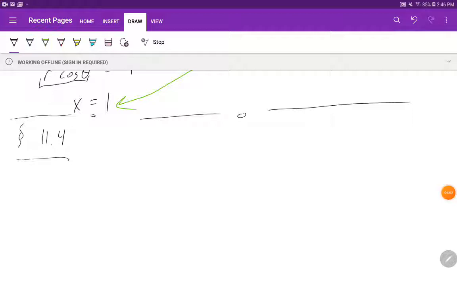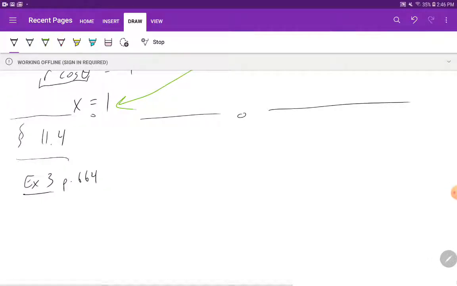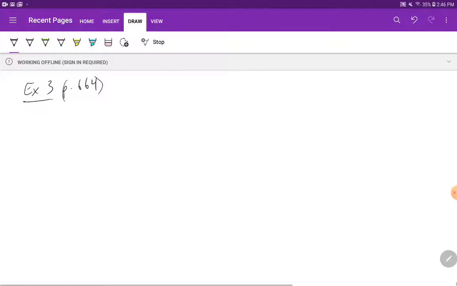So let's say, okay, I'm just going to do example 3 from the textbook. This is on page 664 on the PDF. So it says to find the area of the region inside.